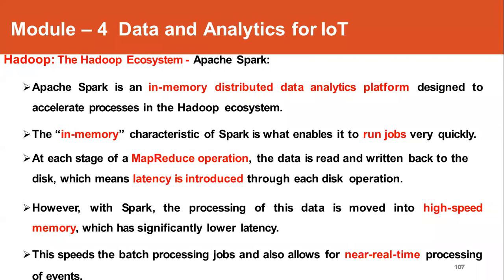The in-memory characteristic of Spark is what makes the jobs run much faster. At each stage of a MapReduce operation, the data is read and written back to the disk, and this reading and writing causes latency.